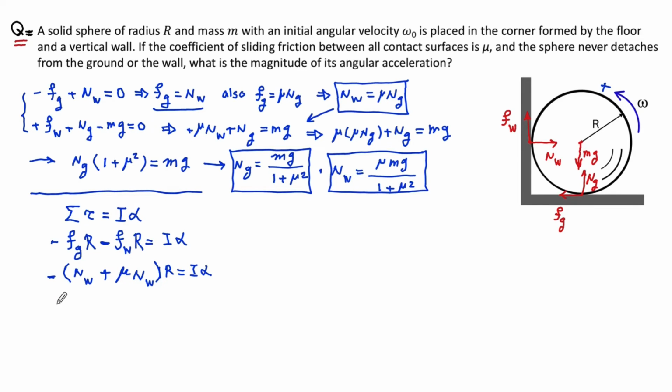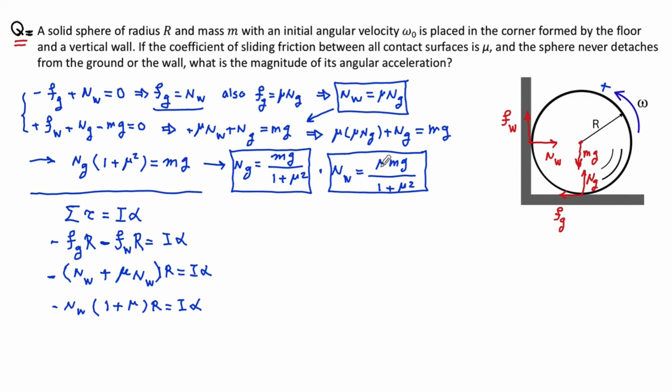And we can factor out Nw, 1 plus mu times r equals I alpha.